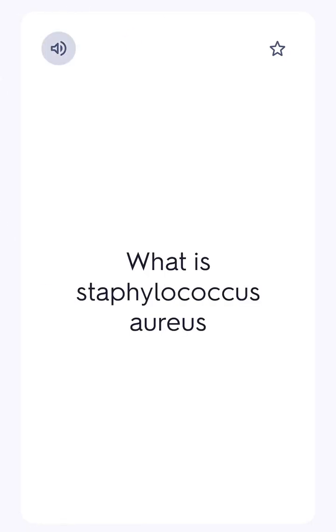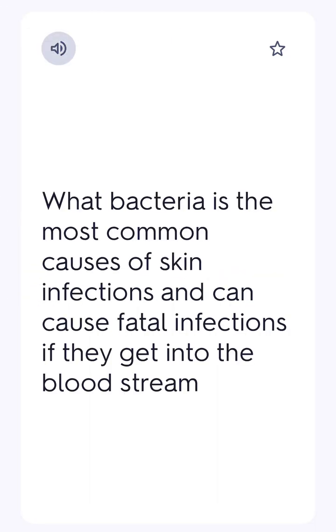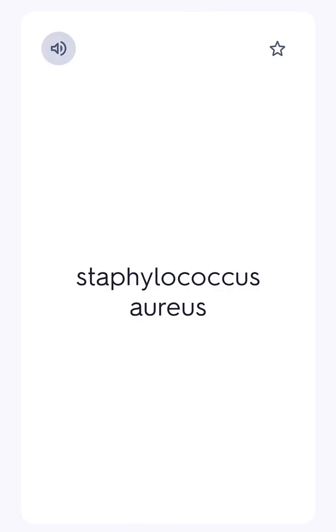What is Staphylococcus aureus? A common bacteria found on the skin. What bacteria is the most common cause of skin infections and can cause fatal infections if they get into the bloodstream? Staphylococcus aureus.